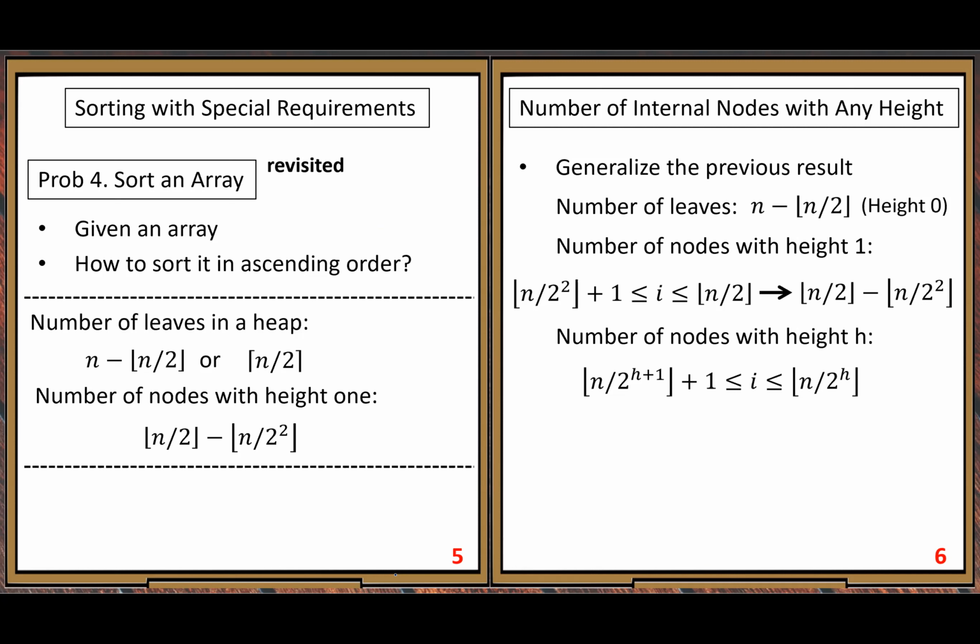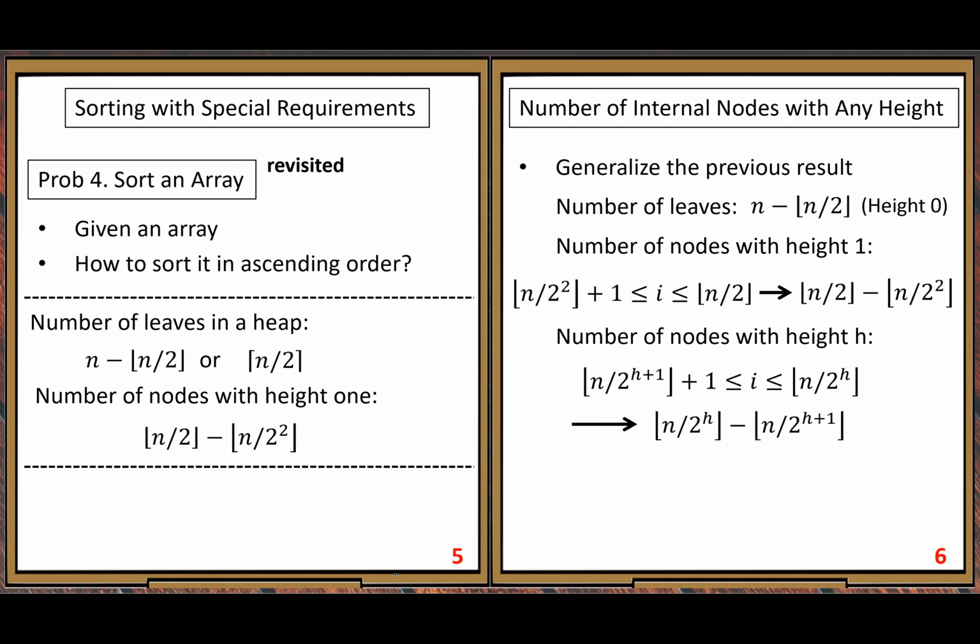And the lower bound also, when h equals 1, is the same as the height 1 formula. But we can change the h value so we can get the formula for all heights h. Then count the number of nodes with height h: upper bound minus lower bound plus 1. So that's this formula.